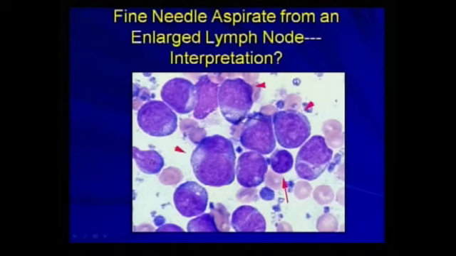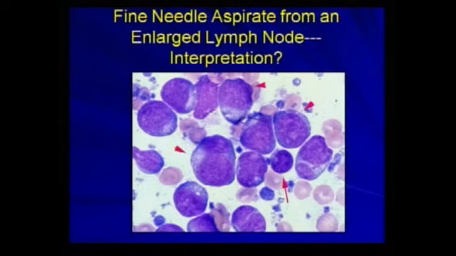Okay, and then we have all of these small blue bodies, which are known as lymphoglandular bodies. And lymphoglandular bodies are seen whenever you have rapid proliferation of lymphocytes. They are probably fragments of damaged cells or apoptotic pieces of cells.